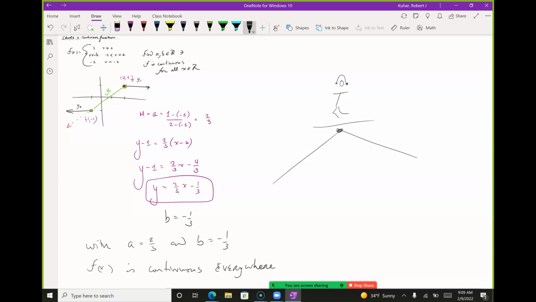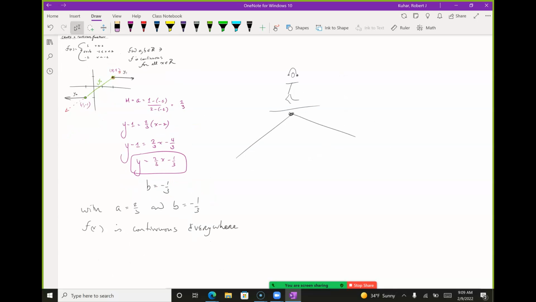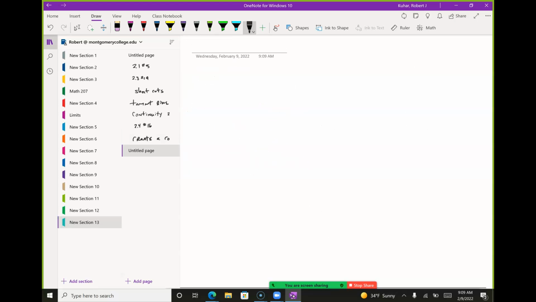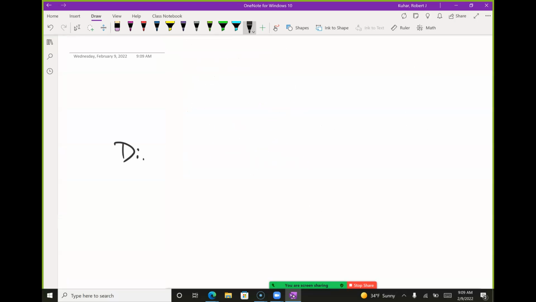That's a deep thought, so don't worry about it too much. But differentiability, this is a thought I really want us to think about. If the function is differentiable, then it has to be continuous.